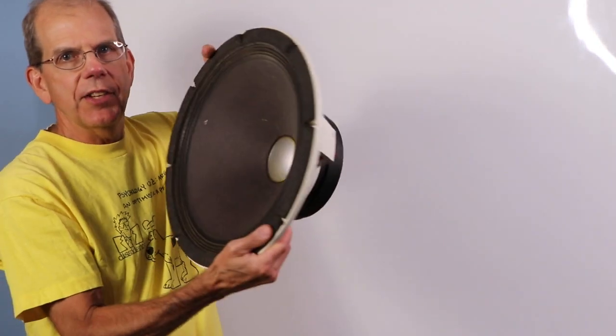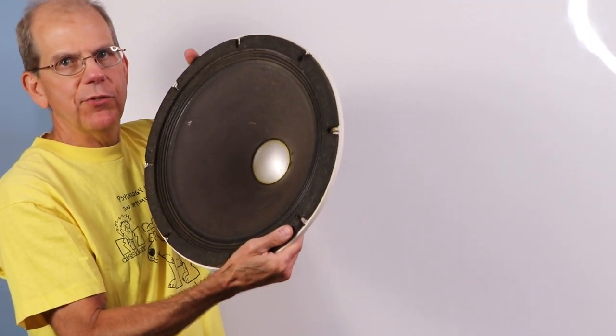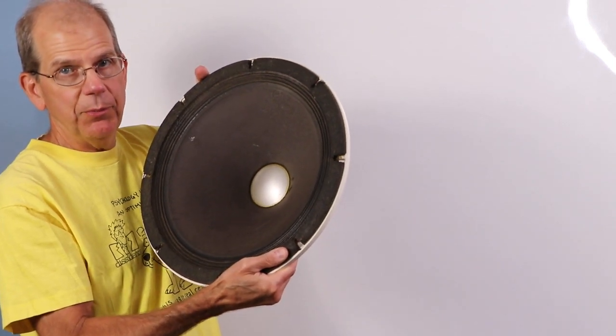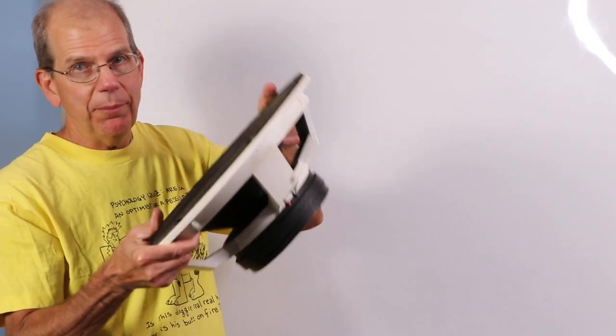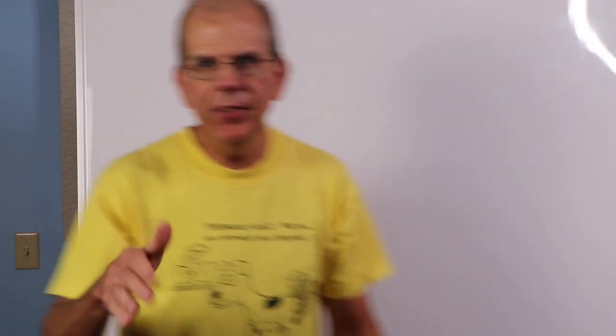All the way up to a much more beefy, say a 15-inch bass driver that's used for sound reinforcement systems, right? Quite a big range. But the physics is the physics.